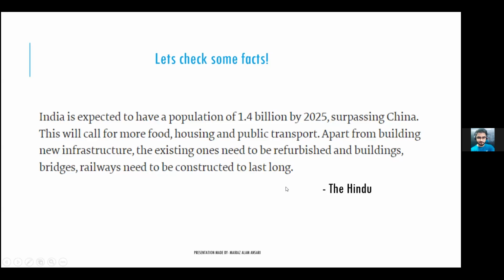So you can understand that there will be a requirement of housing, infrastructure, roads, transport facilities, and buildings and everything, right? If we have all these requirements, then how are we going to complete all those things?